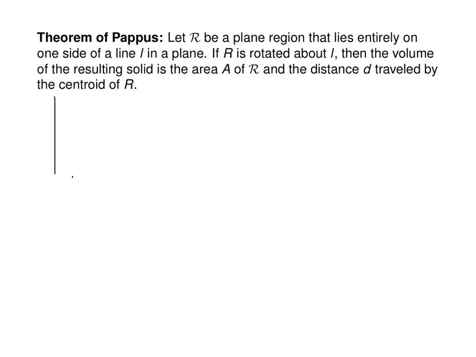We will prove this in the case that the line of rotation is the y-axis, and we have two curves f of x and g of x. And we want to rotate the region between a and b about the y-axis. To prove this, you use cylindrical shells.